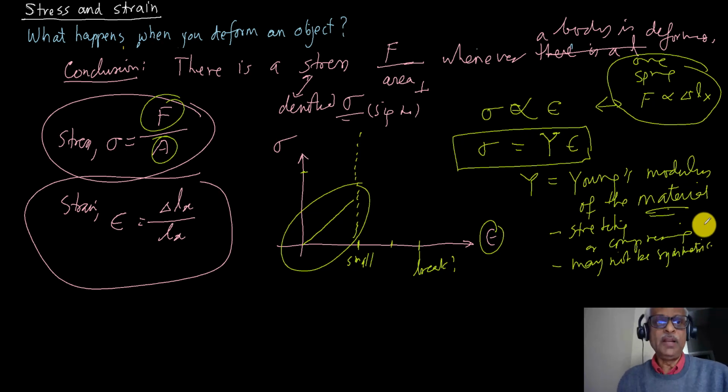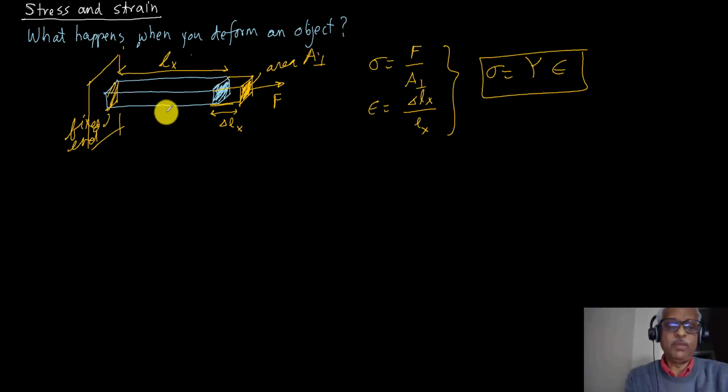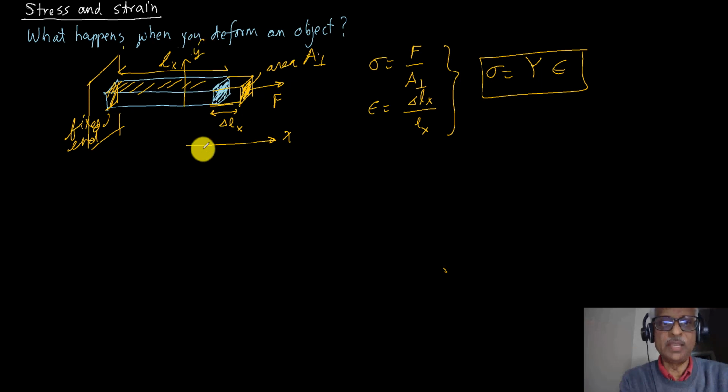Okay. Now there may be other ways you can deform it, right? If there's stress in this direction, which is the X direction we've been talking about, now look at the stress along the Y direction. There's no force there, so sigma along the Y direction is actually 0. What's the stress along the Z direction?